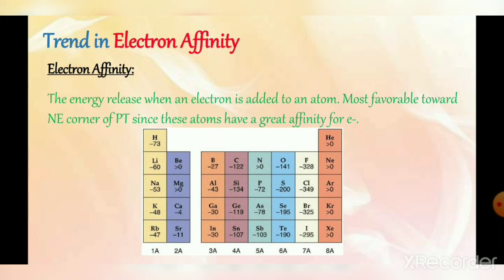It is most favorable toward, if we consider here the electron affinity for hydrogen to helium, these atoms have great affinity for electrons, meaning the energy which is released when an electron is added to an atom.